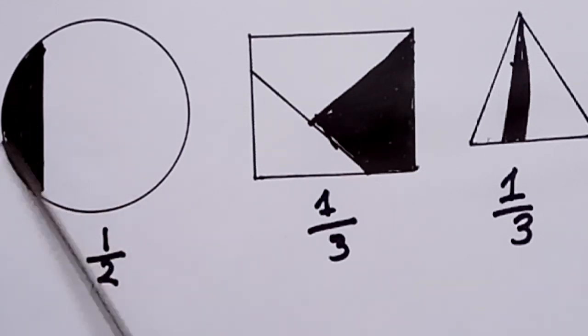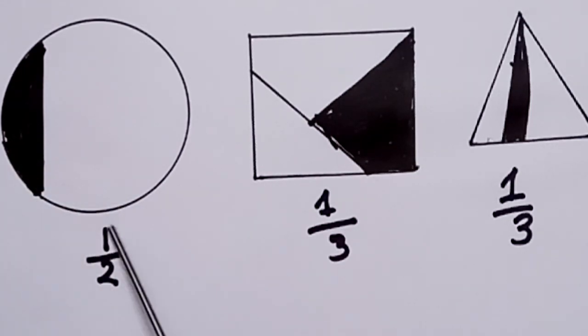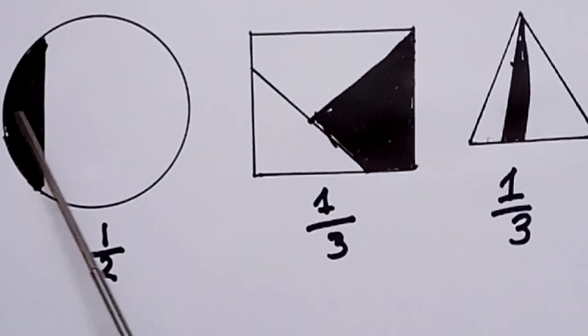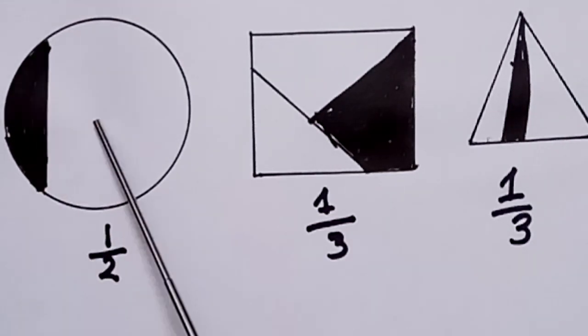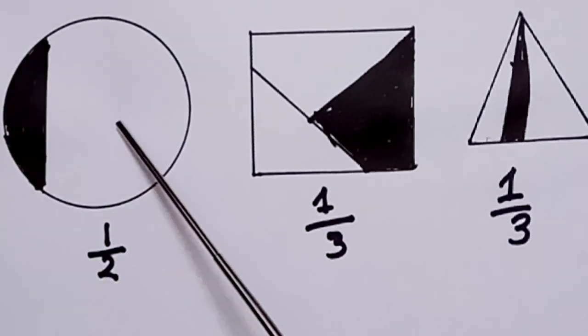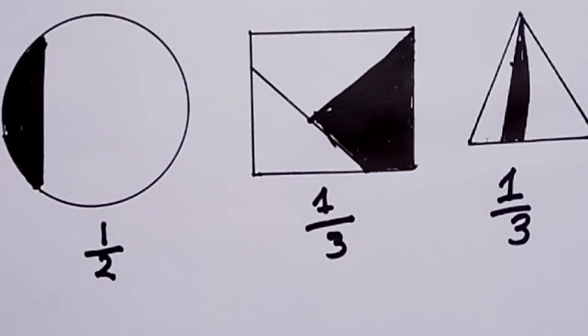Can we tell this 1 by half? These are total 2 parts and 1 part is colored. No, this is not a fraction. Why?